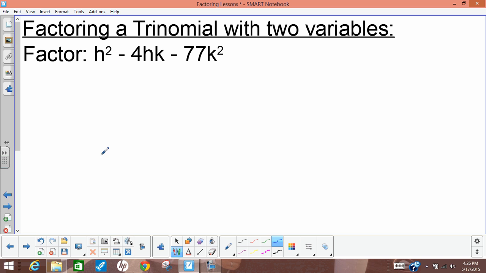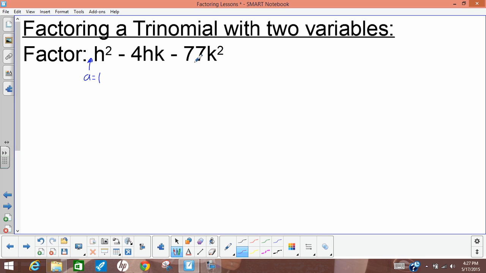Now let's talk quickly about this kind of trinomial. Here a is still 1. The number in front of h squared is still 1. But we have two variables, h and k, and then we have k squared over here. So we're going to do the same thing that we did for the previous examples.